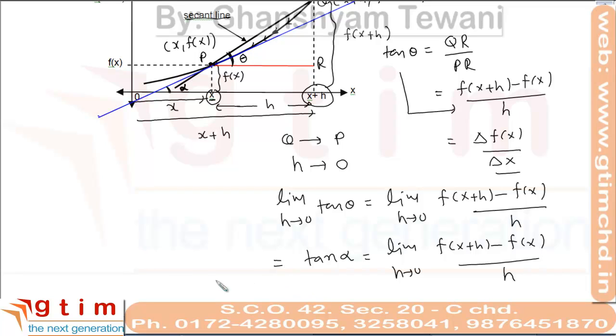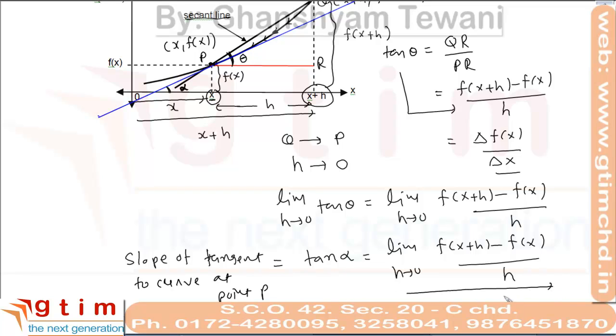Here tan alpha is the slope of the tangent to the curve at point P, and that is given by this formula, which is in the form of limits.